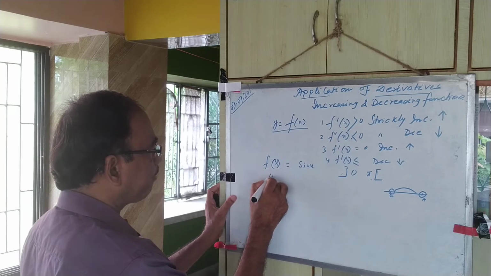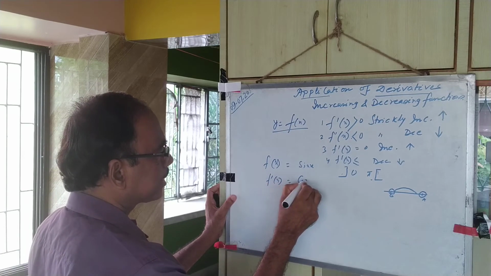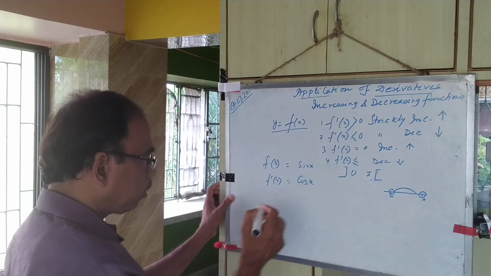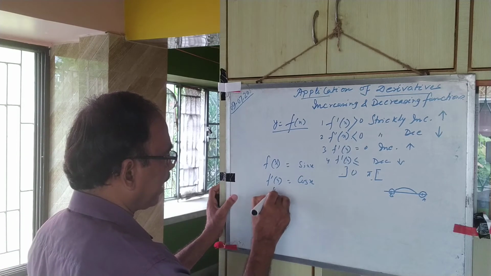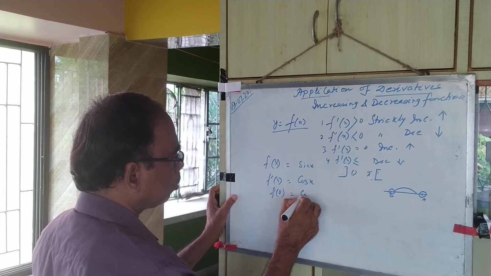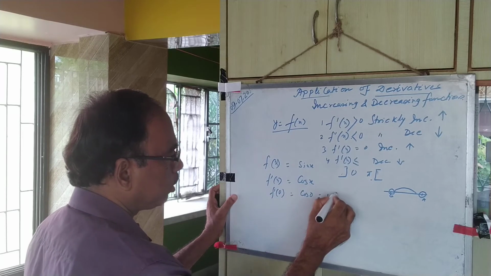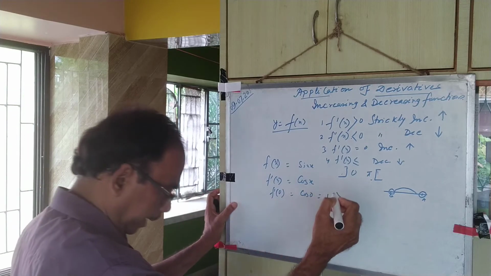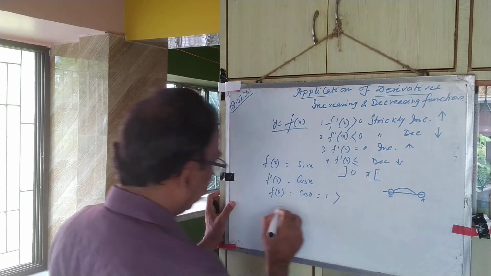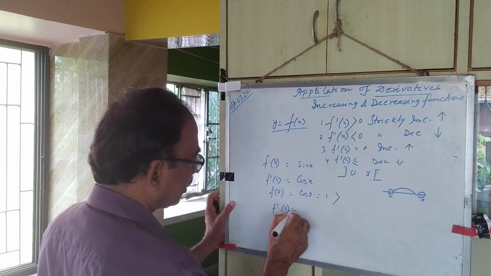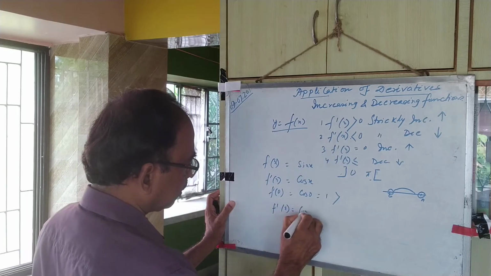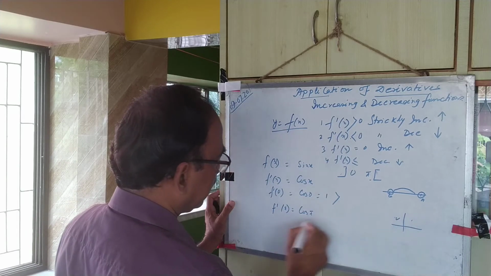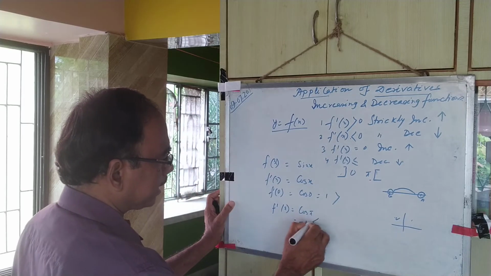Now first you find f dash x. F dash x is cos x. What is cos 0? f dash 0 equals cos 0 equals 1, which is greater than 0. And f dash pi, cos pi is in the second quadrant, it is minus 1, which is less than 0.